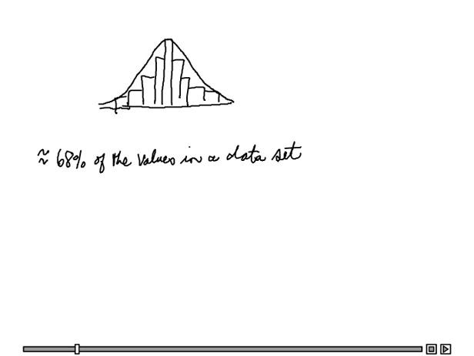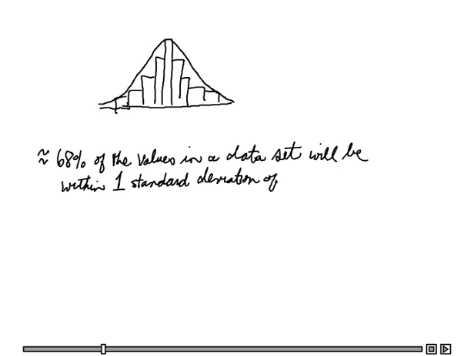In other words, its histogram is symmetric, centered around a particular value. Similar to the sketch I've made here. 68% of the values in a data set will be within one standard deviation of the mean.